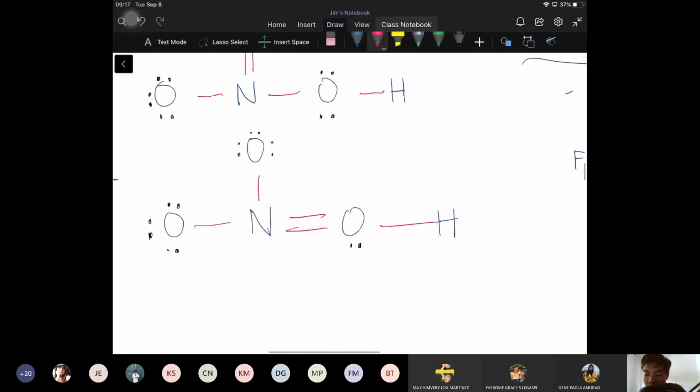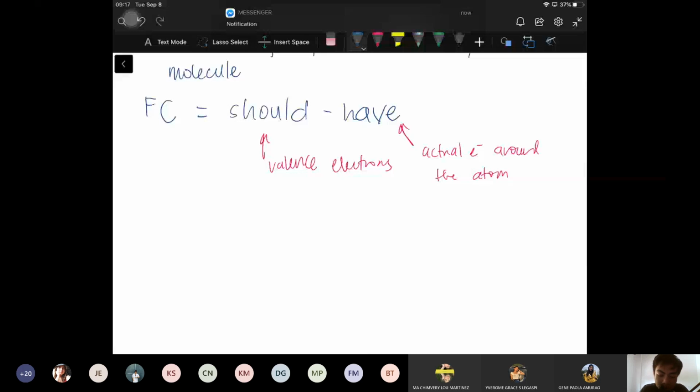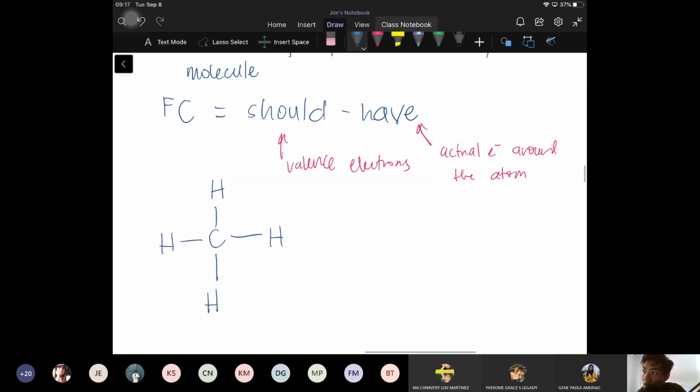Okay, so looking at our structures, gawa muna ako ng isang example. Okay, so looking at this structure, remember na yung bond contains 2 electrons, di ba?